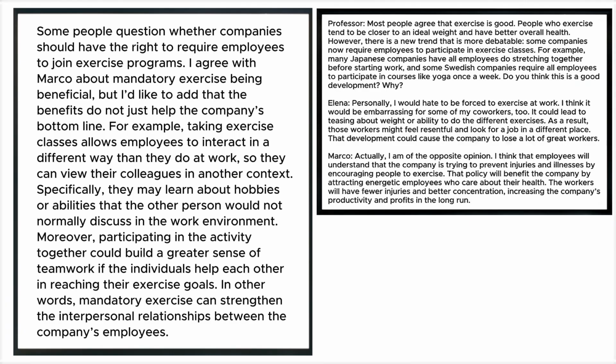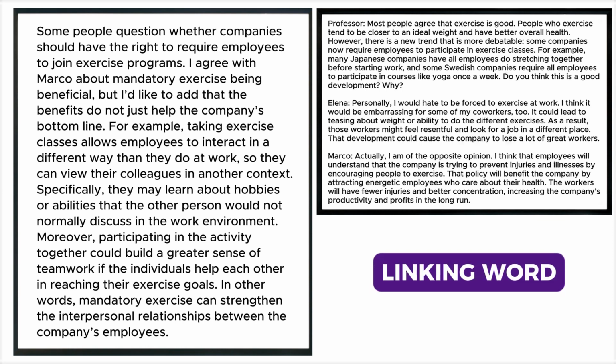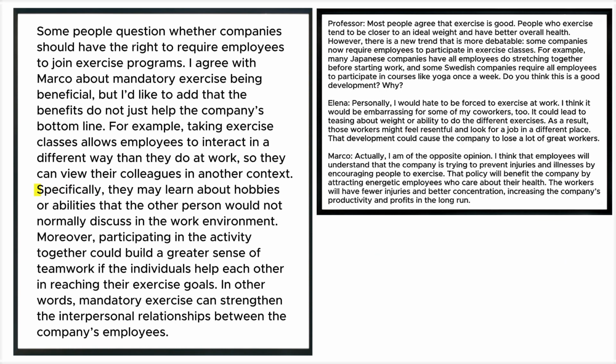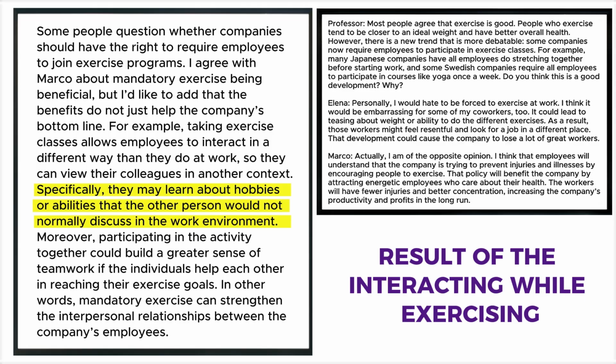I decided I wanted to explain with a little more detail what I meant by the previous sentence, so I used the linking word specifically here. Specifically, they may learn about hobbies or abilities that the other person would not normally discuss in the work environment. This sentence concisely shows a result of the interacting while exercising.